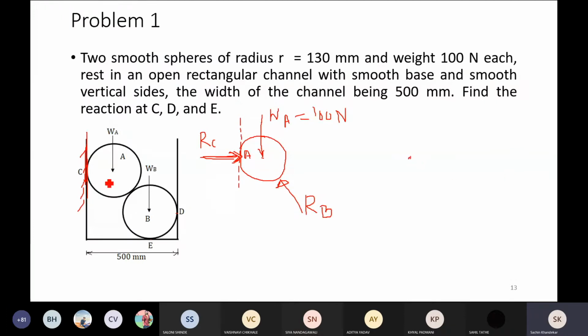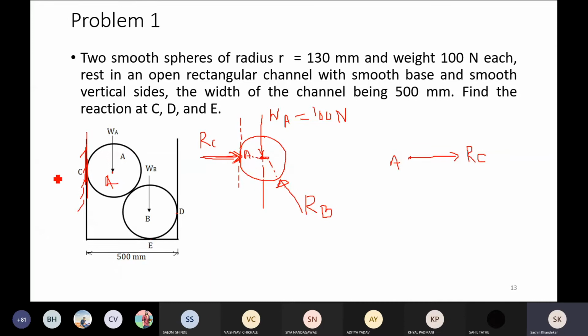If I consider its center of gravity as point A, then this point A is acted upon by these three forces. See how I am showing all three forces acting away from the point of concurrence. The body A is in equilibrium and is acted upon by three forces, so no doubt all these three forces must pass through its center of gravity, because the weight acts through its center of gravity. Please note that.